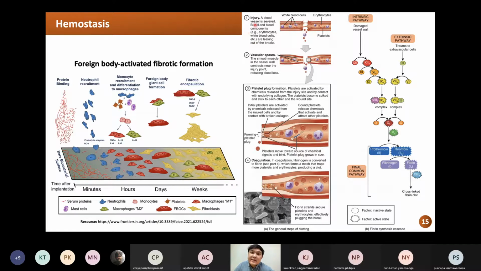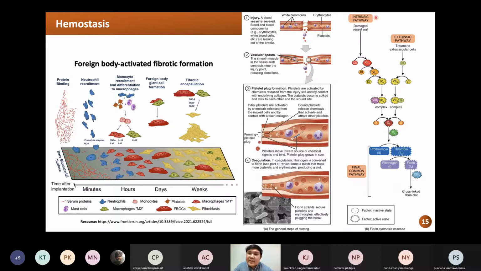When the vessel is injured, the vessel will be constricted, and the platelets will aggregate with each other to occlude the injury site. After that it will recruit protein compounds, like fibrin or thrombin, to form the clot, which we call the coagulation step.